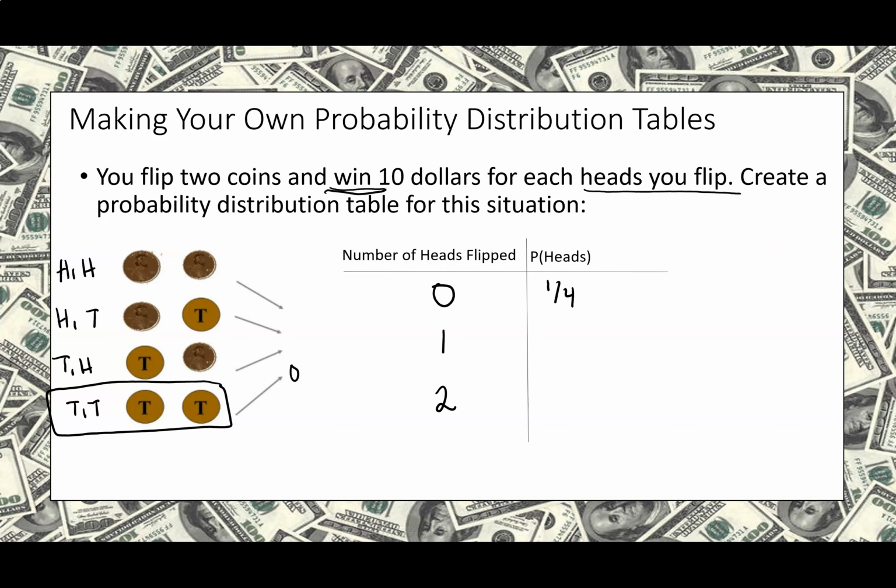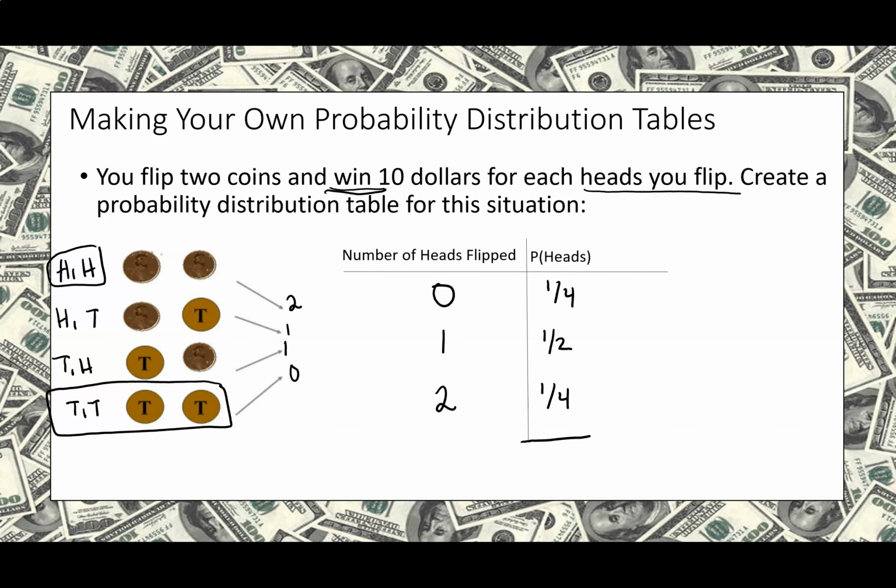Well, this is a 1 heads and this is a 1 heads. So these are 2 cases out of the 4. And how about how many times do we win twice? Well, the probability of that is just this 1 situation right here out of the 4. So this is a case where we win twice. So that's just 1 case out of 4. And obviously we should reduce all of our fractions so that 2/4 becomes a 1/2.